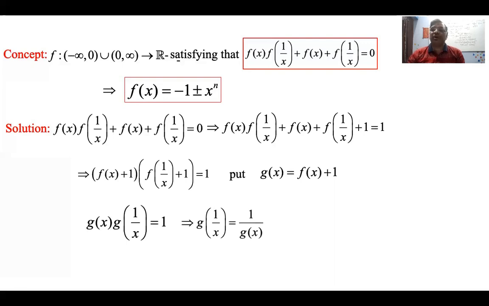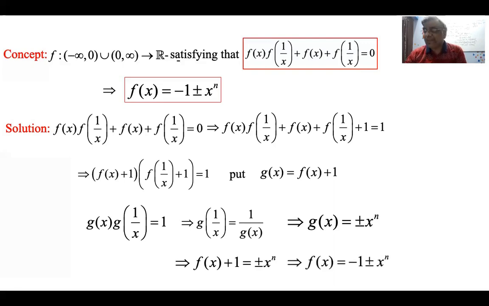So again, g of x is a function such that when x is replaced by 1 by x, the whole function becomes its reciprocal. Such a thing is possible when g of x is plus or minus x to the power n only. So once this is plus or minus x to the power n, then f of x plus 1 is plus or minus x to the power n. Therefore, f of x is minus 1 plus or minus x to the power n.